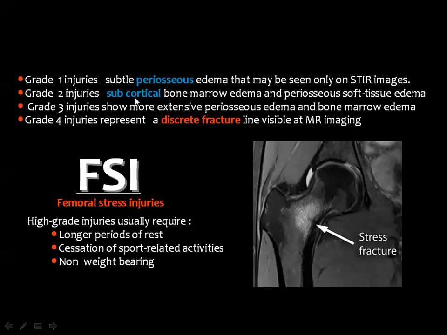Then you get subcortical bone marrow edema, this is grade 2, and extensive periosseous edema and bone marrow edema, the combination of both, and this is grade 3. Then whenever you see the fracture, you are in the grade 4. And of course, high-grade injuries like grade 4 require longer period of rest, cessation of sport-related activities, and non-weight bearing technique.